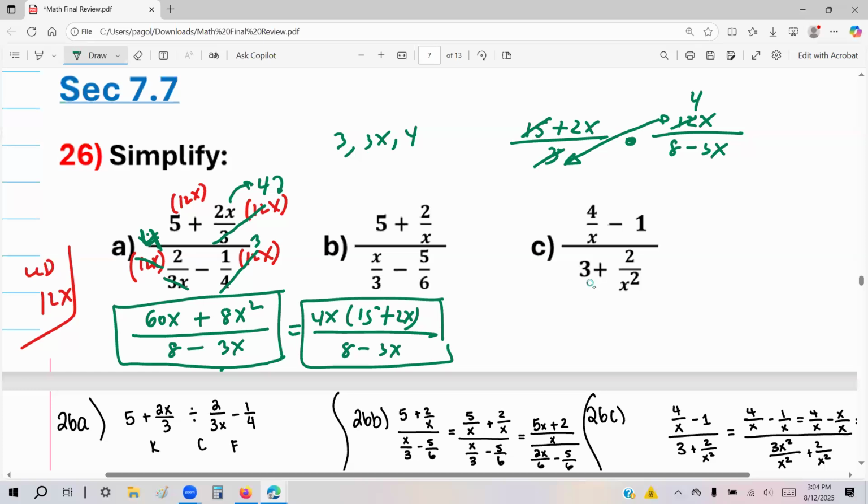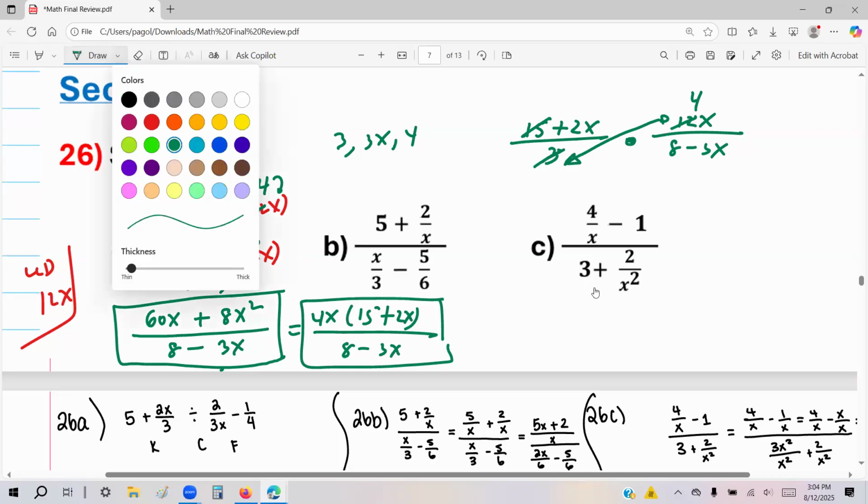Same thing with the other two. Between 3 and 6, the LCD is 6. Between 6 and x, the LCD is 6x. So you're multiplying everything by 6x.